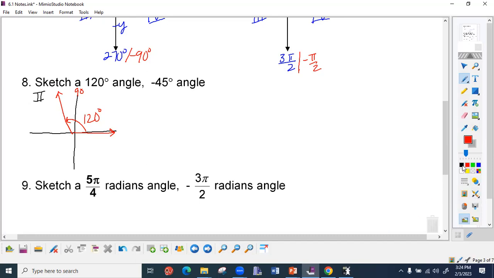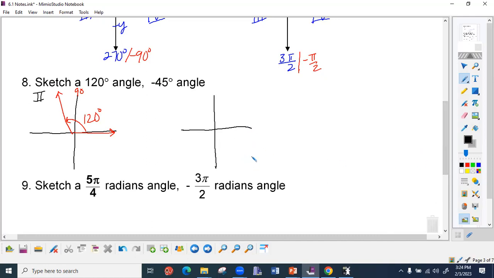Not the worst. Okay, let's do the negative 45. Looking at our graph, our grid, what quadrant should negative 45 fall in? Four.